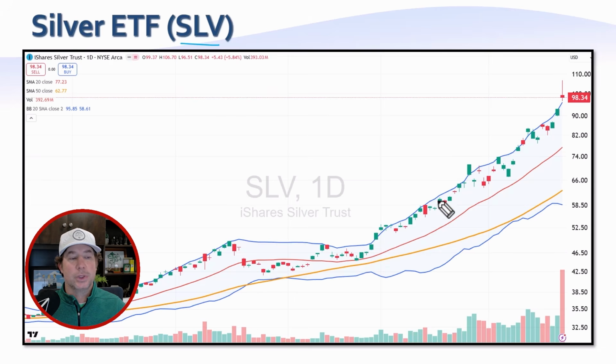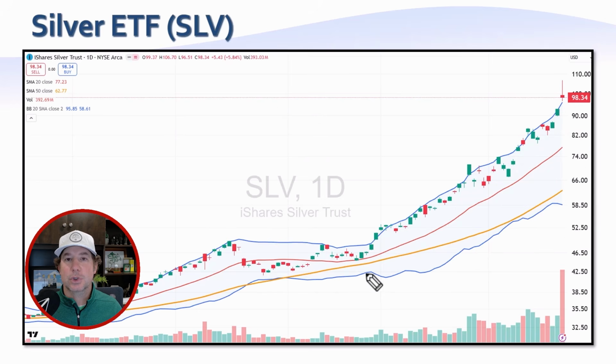Here we have Bollinger Bands surrounding the stock. And the Bollinger Bands do a good job of showing some volatility. Here they're closer together, and here they are very, very far apart. You see the distance between the upper band and the lower band versus down here, closer together. Lower volatility, sky high volatility.